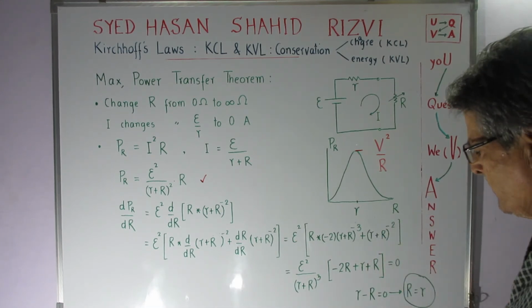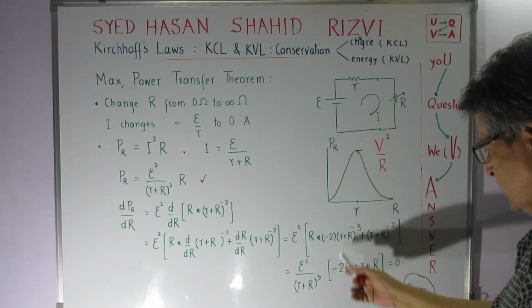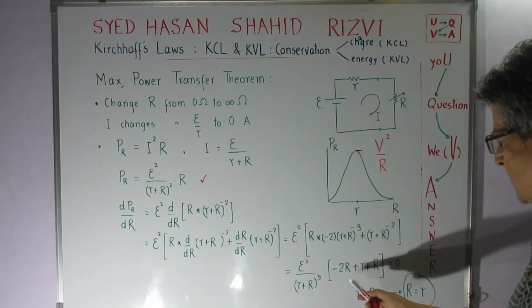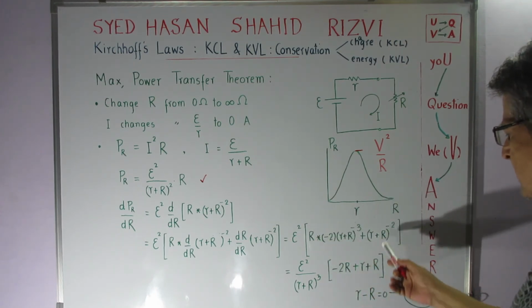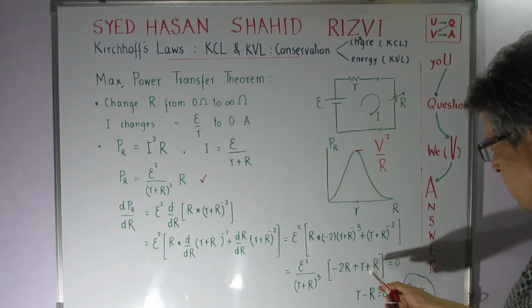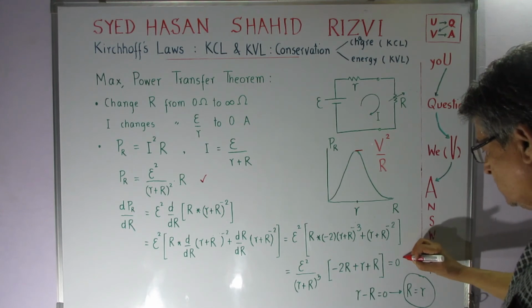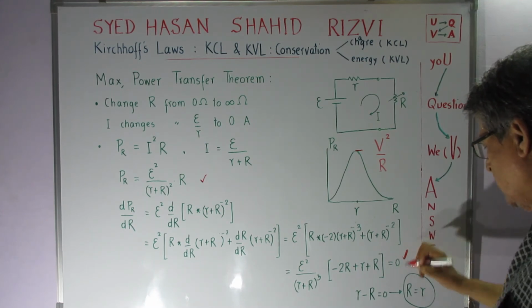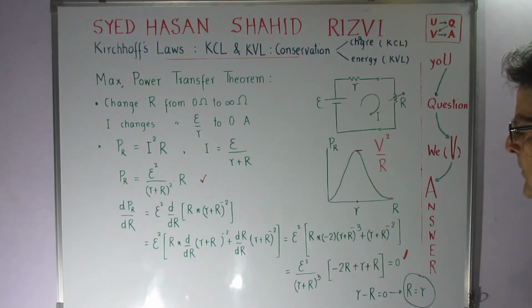There is no problem. So what I do is, I take this in the denominator, (R plus r) whole cube, and then in the numerator I get minus 2R plus R plus r. Now this has to be equal to 0 in order to get a maximum power transfer according to the mathematics that we have.